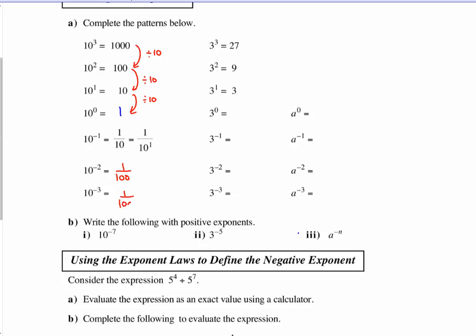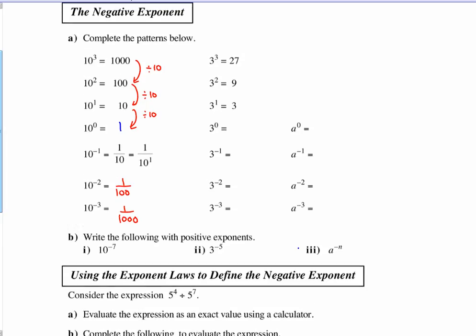So what do you think 10 to the power of negative 3 will be? 1 over 1,000. Notice the relationship: 10 to the power of 3 is 1,000, and 10 to the power of negative 3 is 1 over 1,000. That's not a coincidence. 10 squared was 100, 10 to the negative 2 is 1 over 100.